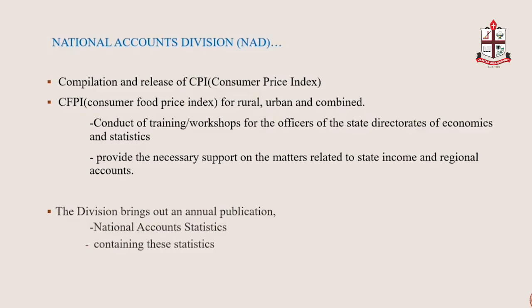It also conducts training or workshops for the officers of the State Directorates of Economics and Statistics, DES, and provides the necessary support on matters relating to state income and regional accounts. The division brings out an annual publication titled National Accounts Statistics, containing these statistics.